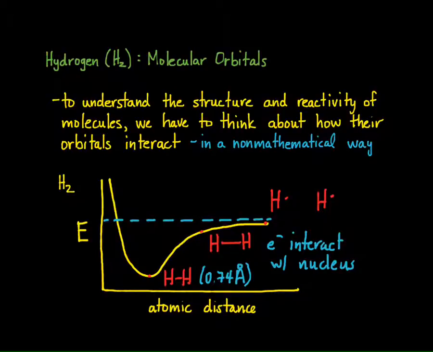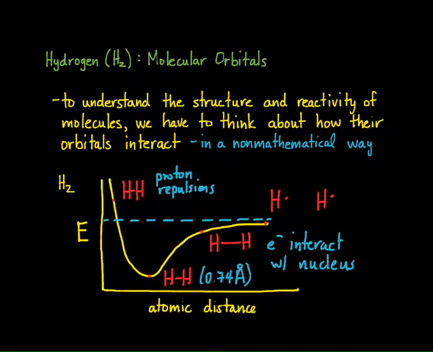Now, as you push those atoms closer together, you see a sharp increase in energy. And the reason for this, and I'm depicting it as two hydrogens that are squished together, has to do with proton repulsions, sometimes referred to as nuclear repulsions, nucleus-nucleus interactions that are repelling one another, right?